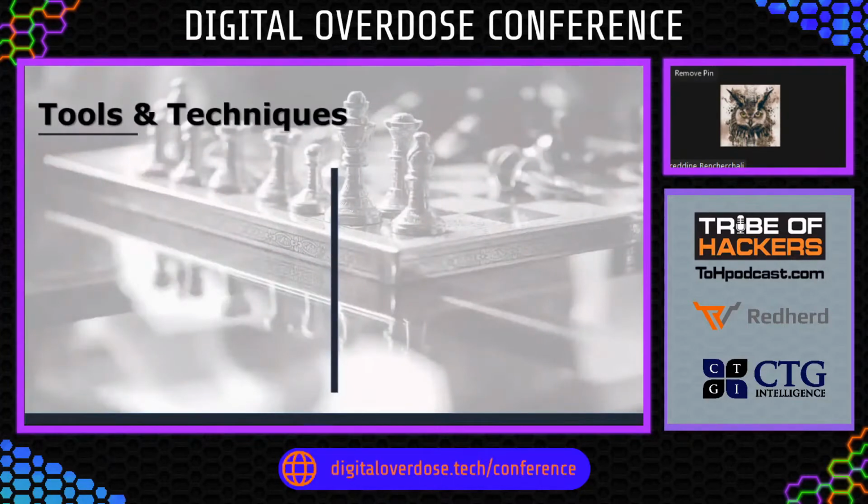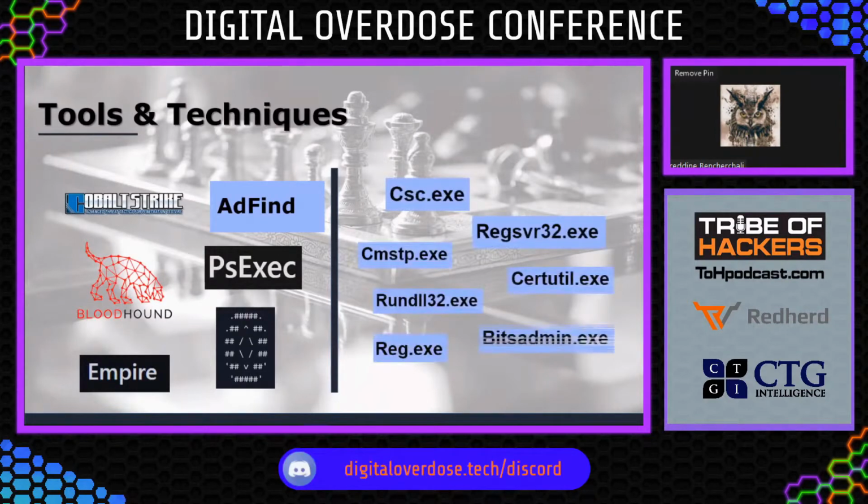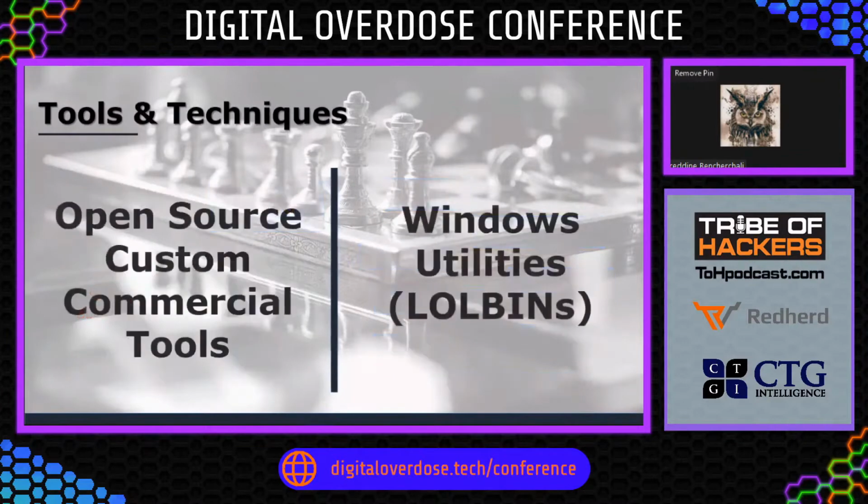So when we talk about tools and techniques that attackers use, we can split them into two categories. The first one, we have tools such as Cobalt Strike, BloodHound, Empire, Mimikatz, PsExec. But on the other hand, we have tools such as searchutil, reg.exe, PowerShell, rundll32, etc. And when we make this distinction, it looks like so.